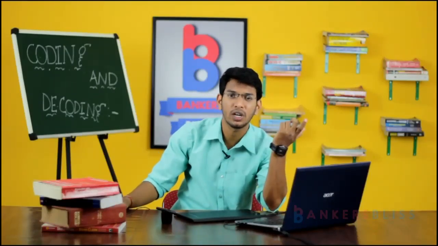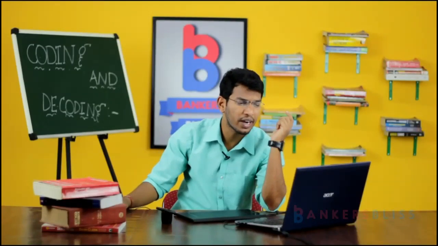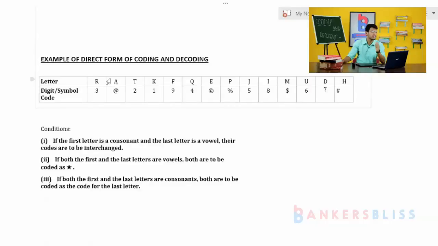Guys, let's look here. What is the direct form of coding and decoding and what is the jumbled form? Look here guys, this is an example of the direct form of coding and decoding. Look at the letters R, A, T, K, F, Q, E, P, J, I, M, U, D, H. Then that R is coded in the form of 3.